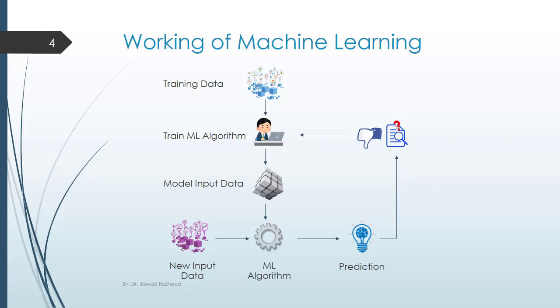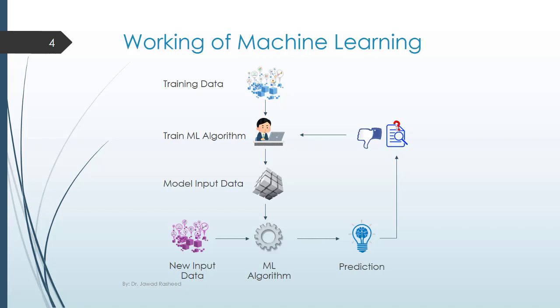Labeled one means, for example, if you have a data set of fruits, so if there is an apple, you will place a label on it that okay, this is an apple. If there is a mango, you will place a label with it that okay, this is mango, so that you can differentiate. So this is the labeled data. You are also telling what type, from which class this product belongs, or what type of fruit it is.